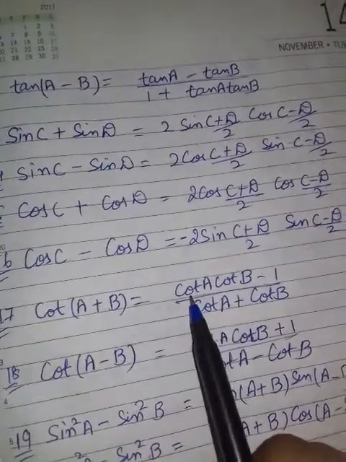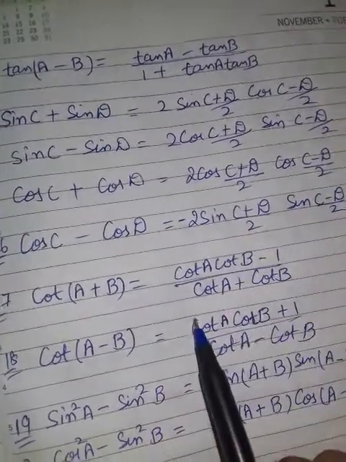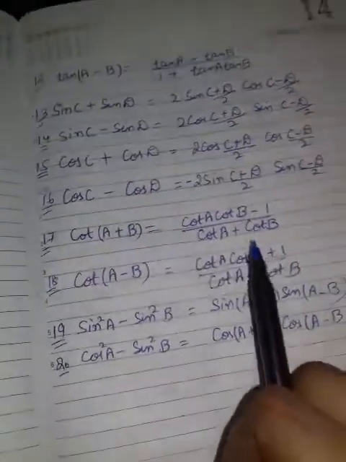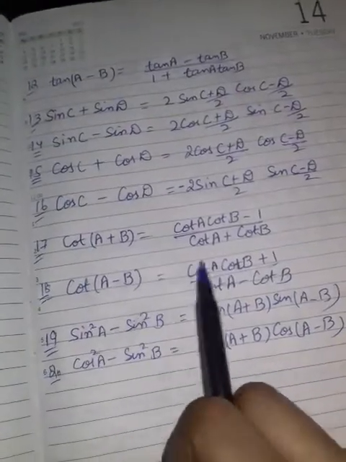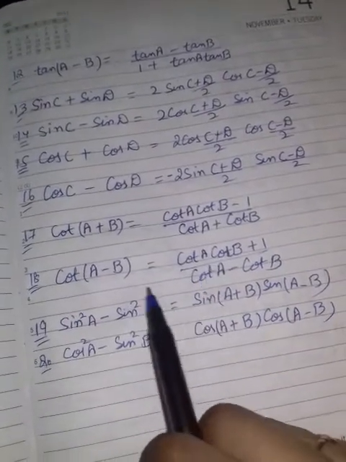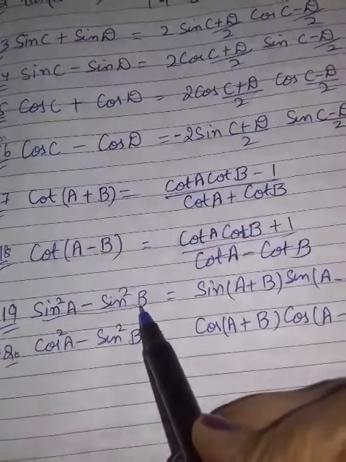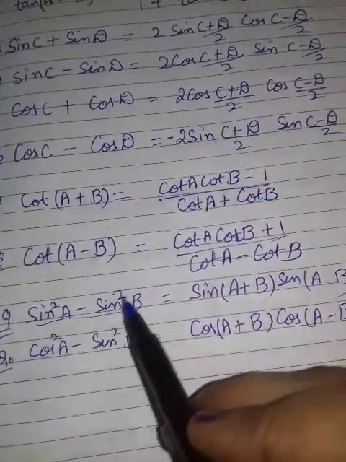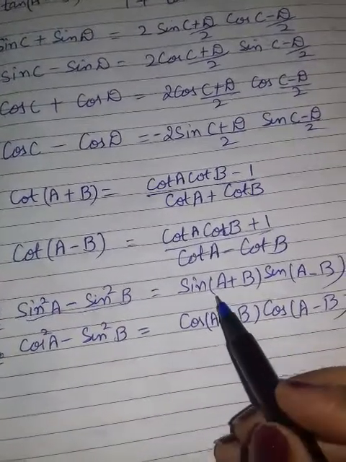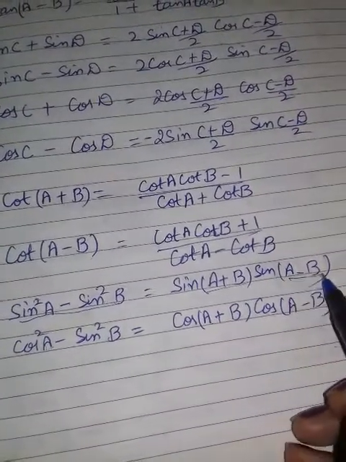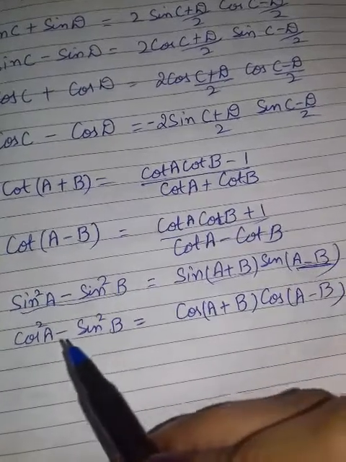Next one is cot of a plus b. This is cot a cot b minus 1 upon cot a plus cot b. Similarly with cot of a minus b, signs are changed only. And remember this identity, sin square a minus sin square b. You know the identity a square minus b square. In sin form it is also sin(a plus b) sin(a minus b). Clear?